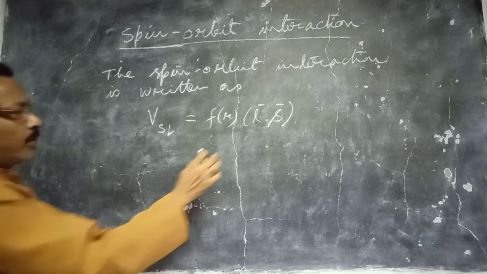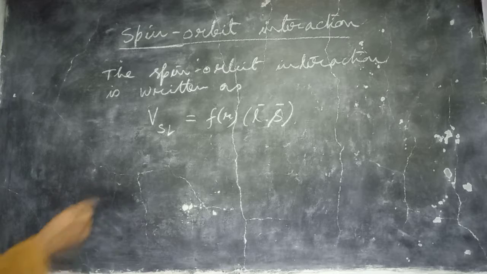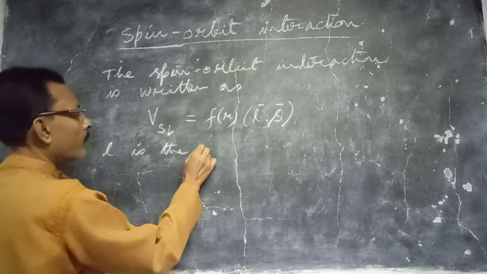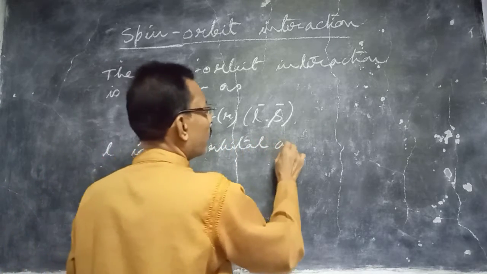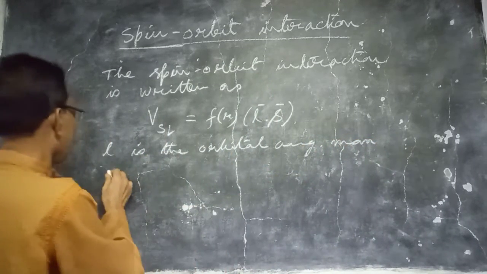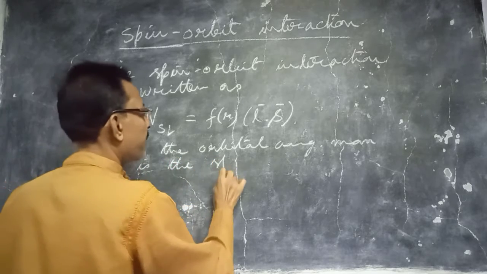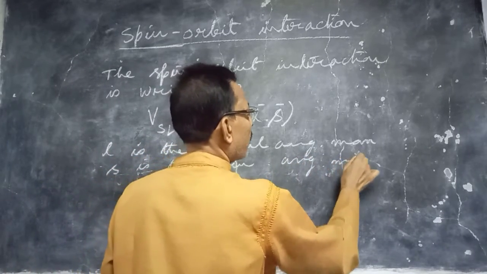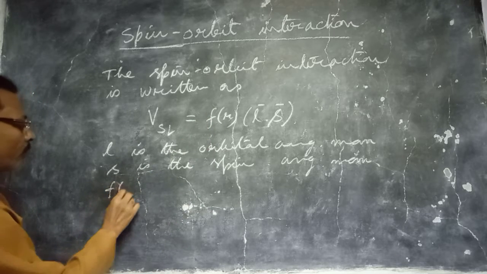L is the orbital angular momentum, S is the spin, and f(r) is a potential function.